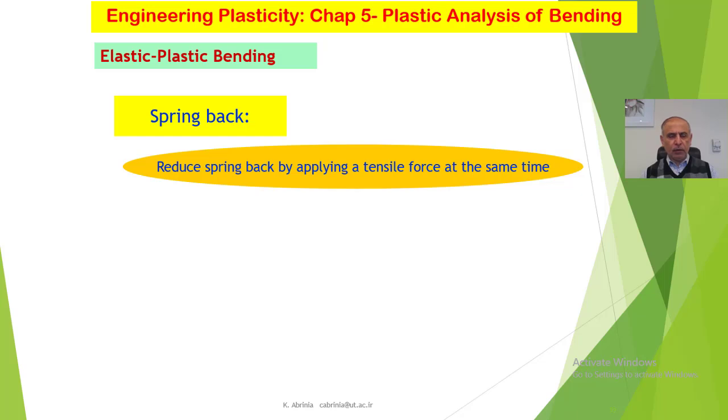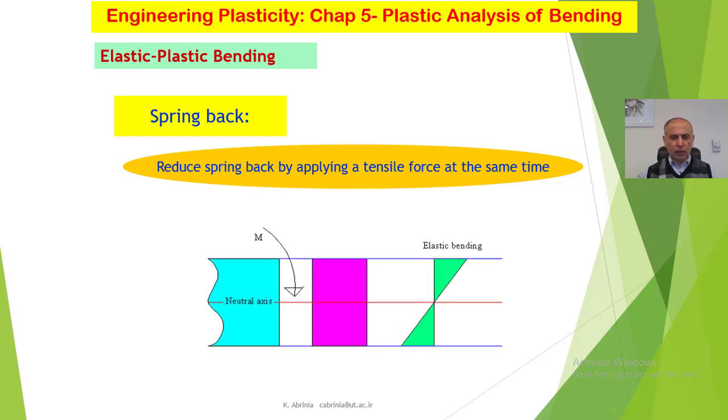For instance, if we want a radius of curvature of a certain dimension, then we design the punch so that the spring back is included. A sharper radius for the punch gives the desired radius of bending that we require for the part. Nevertheless, sometimes we could reduce the spring back by applying a tensile force at the same time.